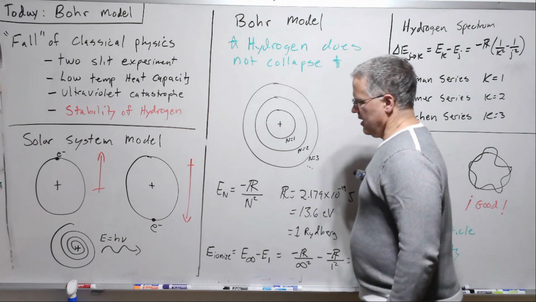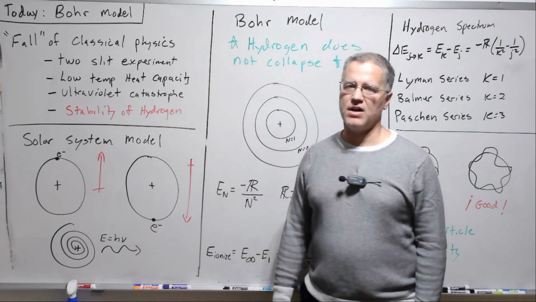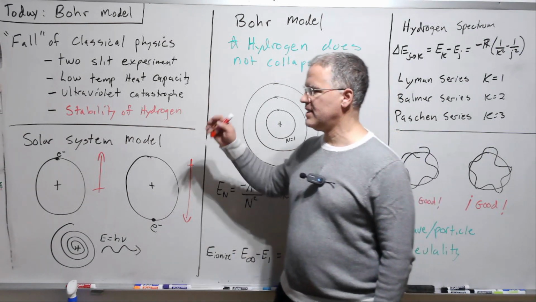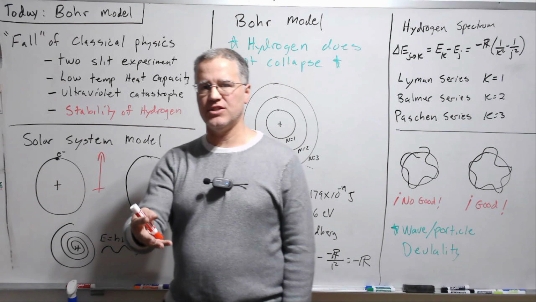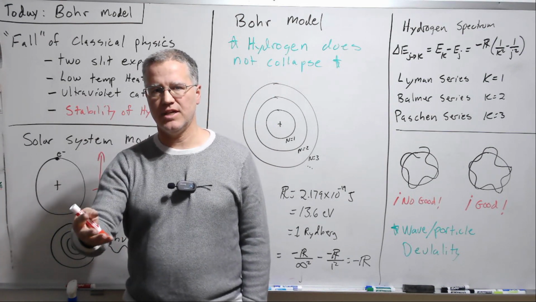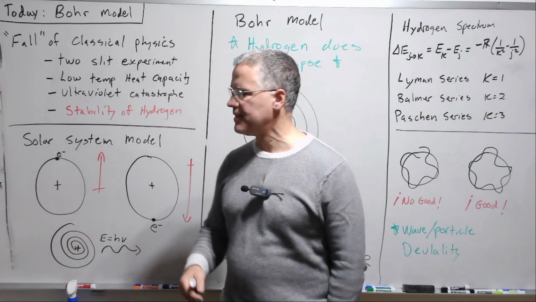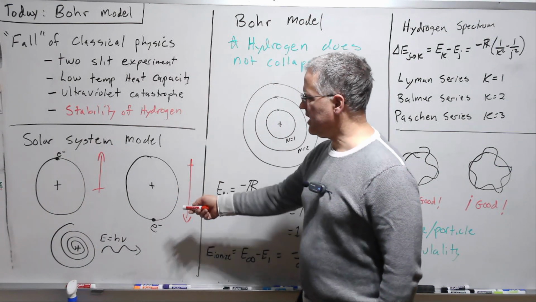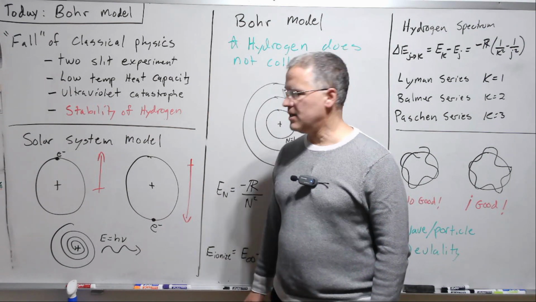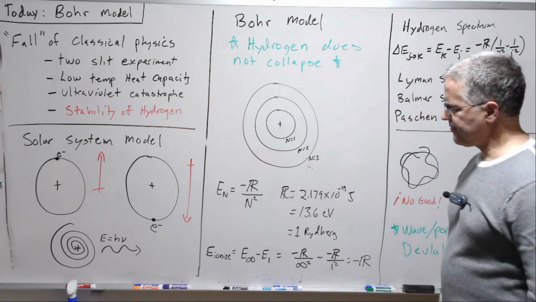So that's the issue with the solar system model. And it's an unavoidable issue. If we say classical mechanics is right, that means Newton's laws are right, Maxwell's equations for electrodynamics are right, then hydrogen must be unstable, and it must be rapidly unstable enough that we wouldn't be here at all.